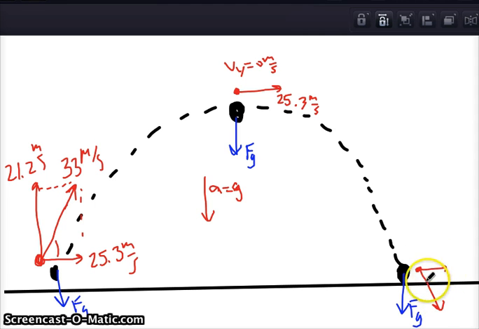We know this 25.3 is still here, and it's going to gain back the 21.2 meters per second. That, of course, will add up vectorially speaking. I'm not sure if that's even a right word, but it's going to be 33 meters per second, and it's going to be at an angle of 40 degrees below the horizon. And again, this is that idea that we're going to have a very symmetrical kind of problem here because of the fact that it's at the very same level.